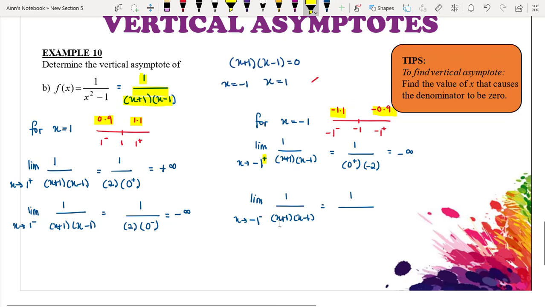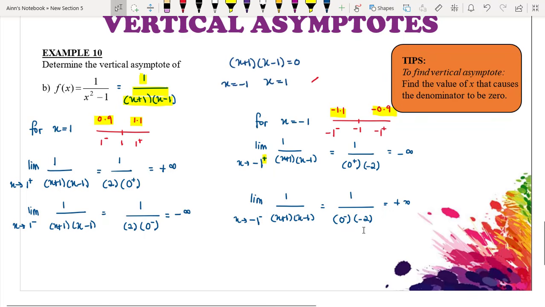If you substitute negative 1.1 plus 1, you will get a negative number. So this will be 0 from the left. Negative 1 minus 1, we will get negative 2. So now you have 1 over 0 negative times negative 2. This will be positive infinity.